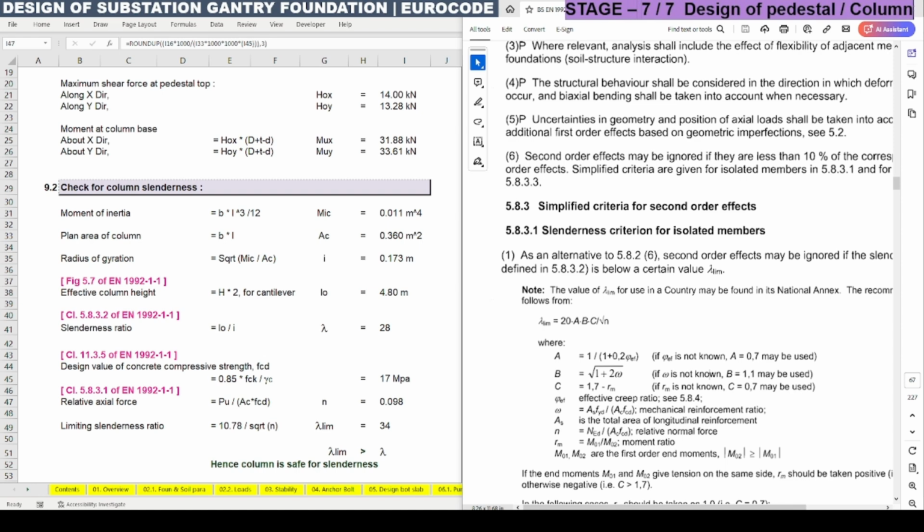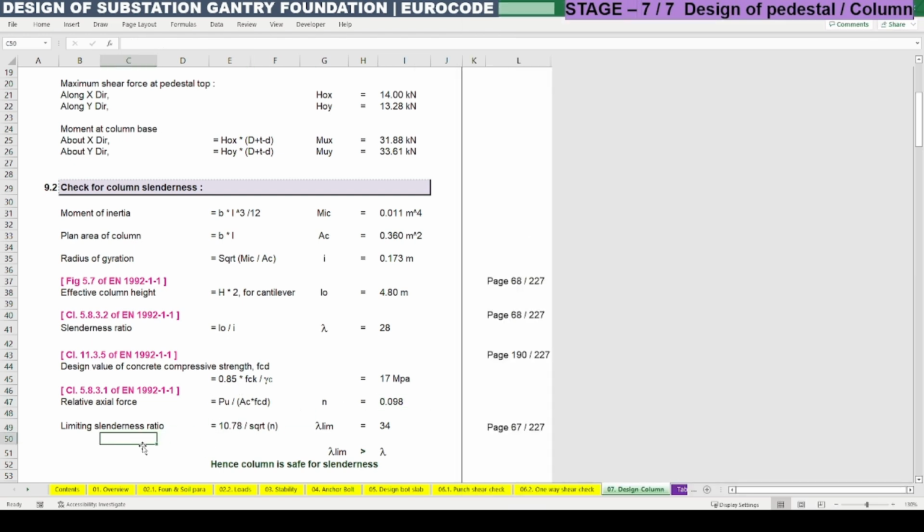20 into 0.7 into 1.1 multiplied by 0.7, we will be getting 10.78.